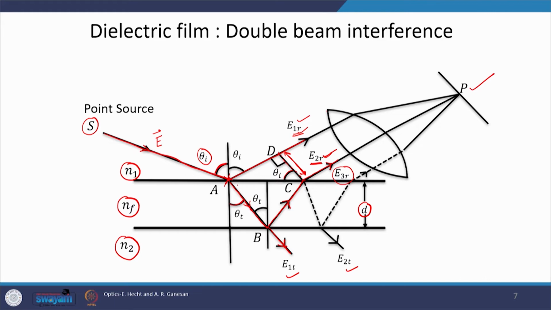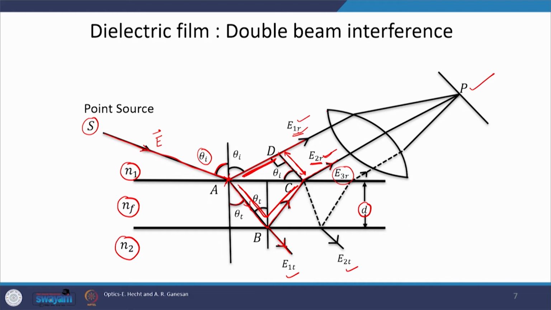Therefore, the path difference would be this length minus this length. We will have to calculate the length ABC, and this is the usual length, but if you want to find the optical path length, then we will have to multiply this distance by Nf. Similarly, we will have to multiply AD with N1 to calculate the optical path length for the first ray, which is the E1R ray. Now, to calculate the path difference, we will have to subtract these two optical path lengths.